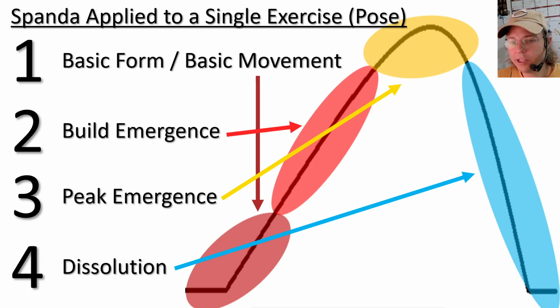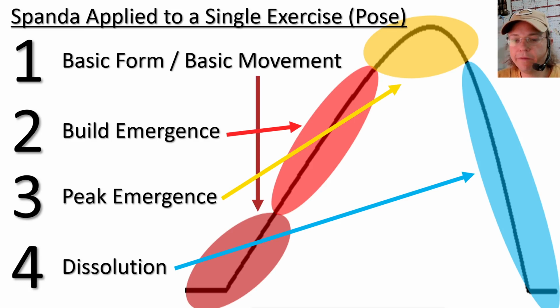So when we apply Spanda to a single exercise, oftentimes exercise in yoga is a pose, but it could be a movement like cow-cat. It could be a breath exercise or something like that. But usually we're talking about a pose here when we apply Spanda to a single exercise.